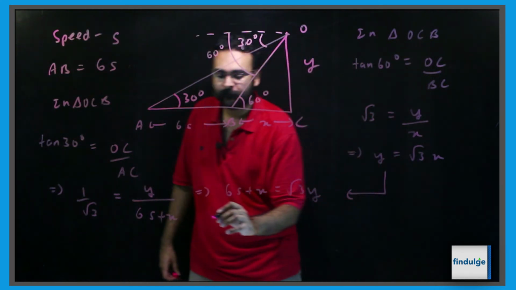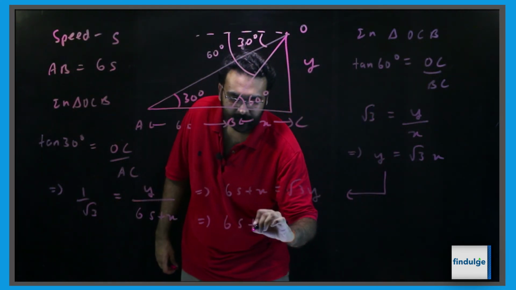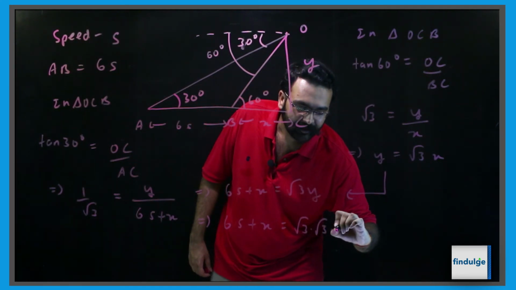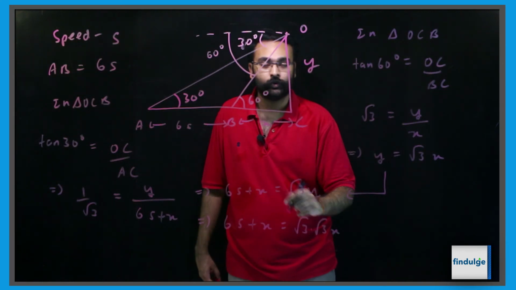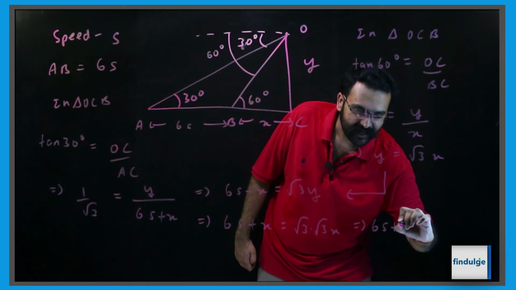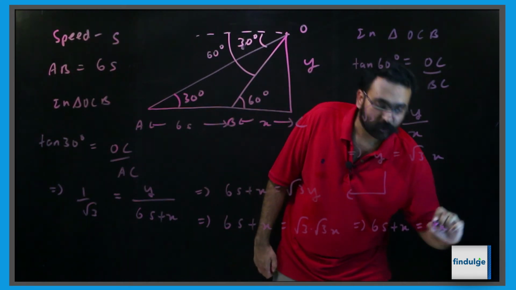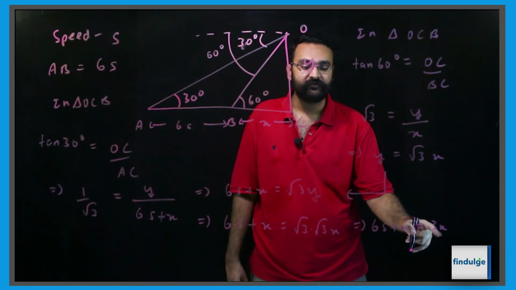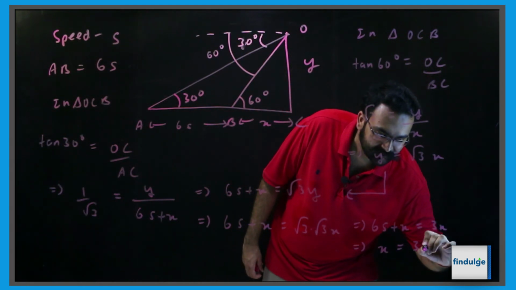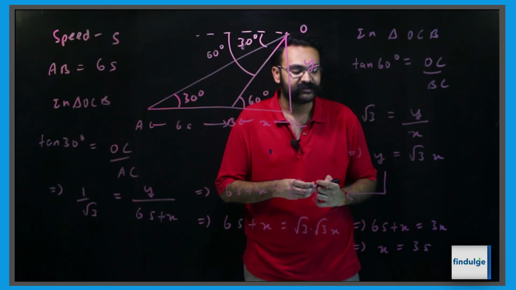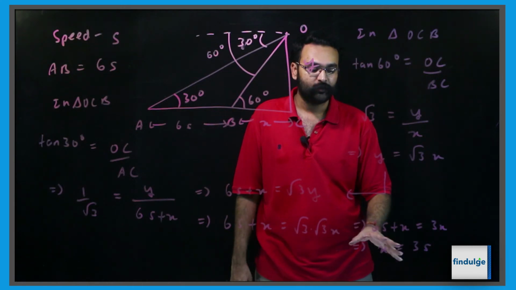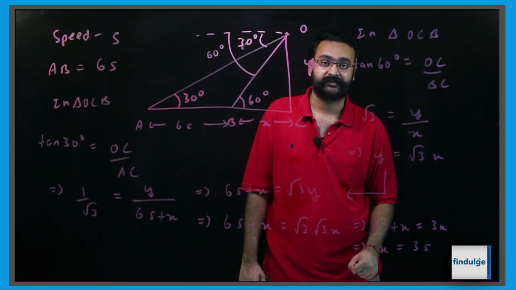We will end up getting 6s plus x is equal to root 3 into root 3x. Root 3 into root 3 is nothing but 3x. We end up getting 6s plus x is equal to 3x. We will shift. We see that x comes out to be 3s, because obviously this will become 6s is equal to 2x. 2 and 6 will cut. We are left with x is equal to 3s.